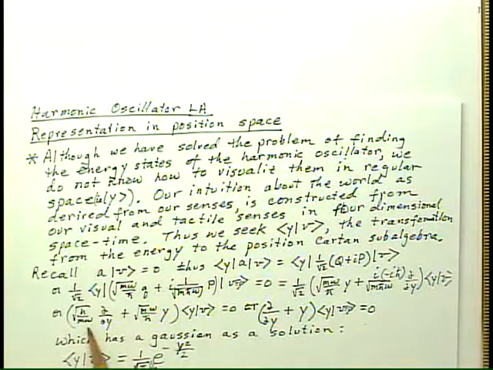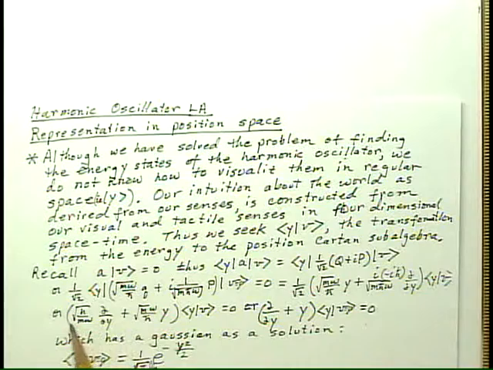Simplifying this a little bit, from this term right here we have a minus i times an i, which is 1, h bar here, divided by the square root of h bar, so we end up with the square root of h bar over m omega, times the partial with respect to y of this function, plus this other term, square root of m omega over h bar, times this, is equal to 0.